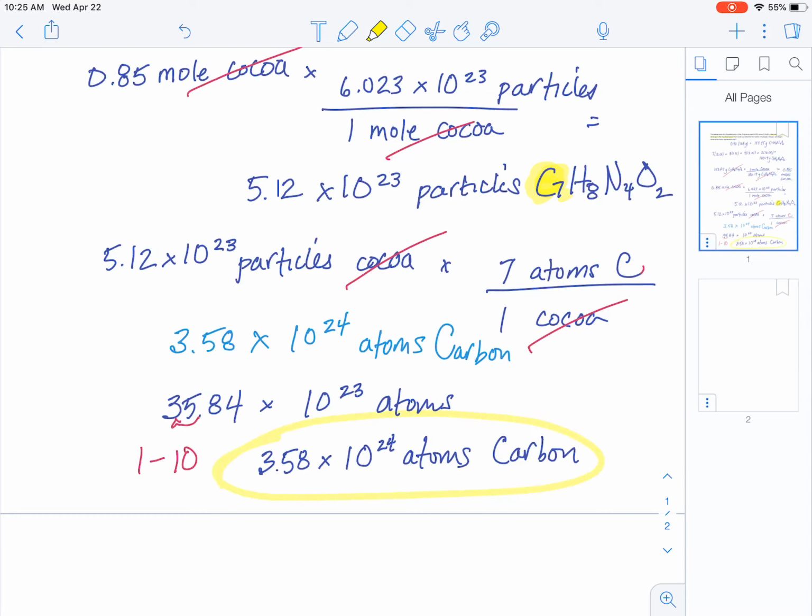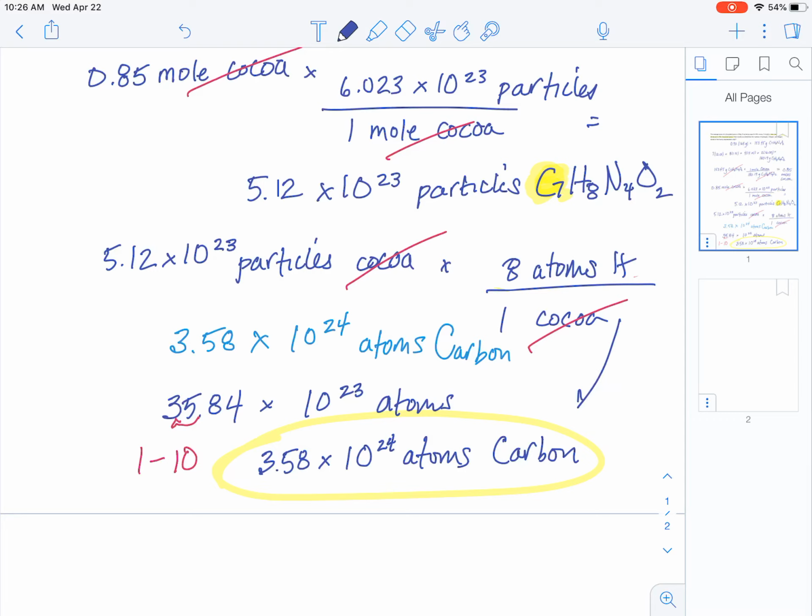Hopefully that makes sense. If we were to continue this problem and solve for the number of hydrogen, nitrogen, and oxygen particles or atoms in each one of those cocoa particles, all we would have to do, guys, is change this ratio. So rather than number of atoms of carbon, if we wanted to solve for hydrogen, we would multiply the 5.12 times 10 to the 23rd cocoa particles by 8 atoms of hydrogen.